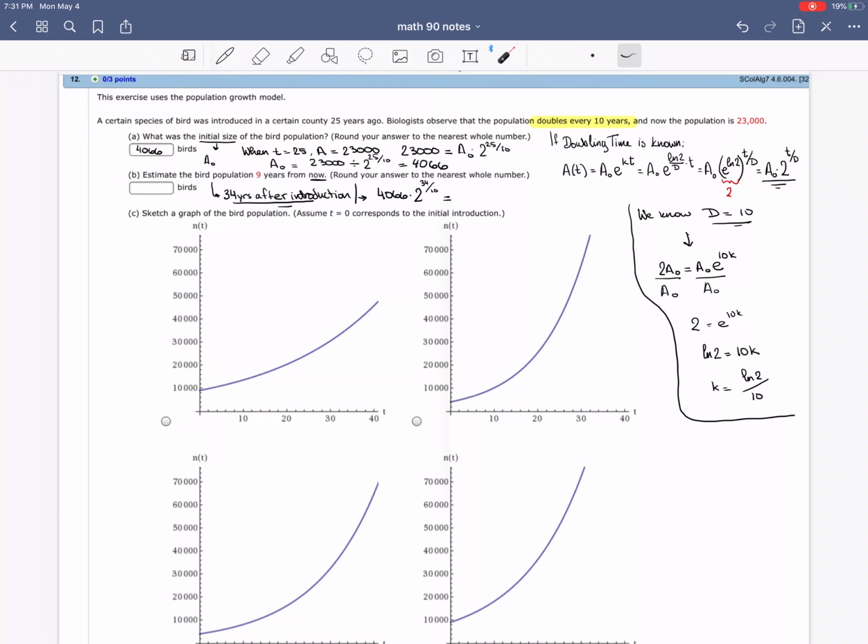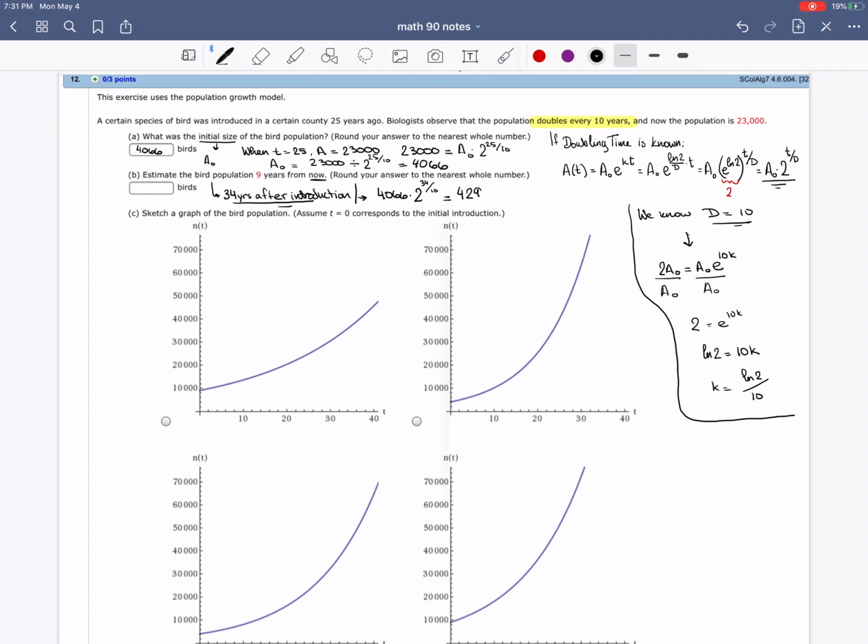All right, so here goes. So 34 over 10 is 3.4. So I'm going to raise 2 to the power 3.4, and then I'm going to multiply that by 4,066. I'm going to round to the nearest whole number. The number that I'm seeing on my calculator is 42,920.95.